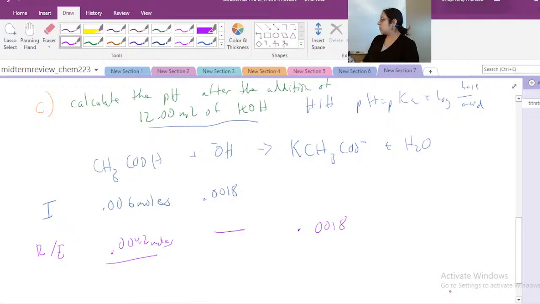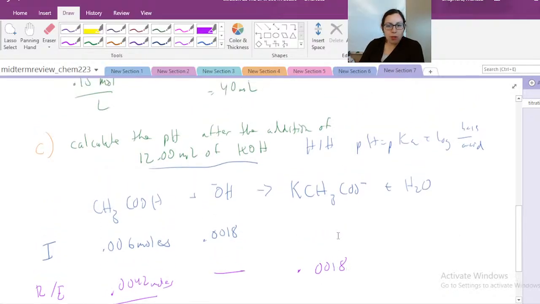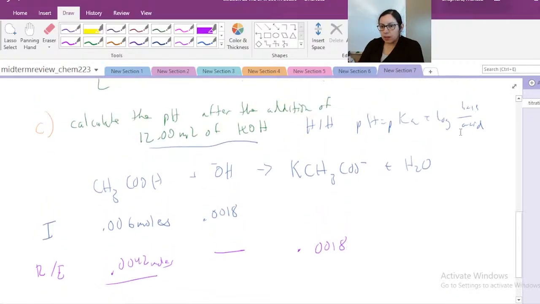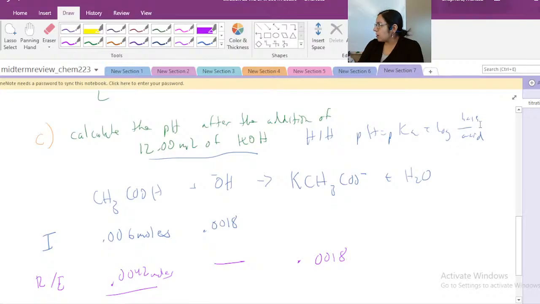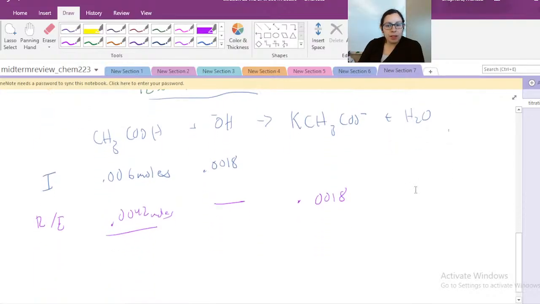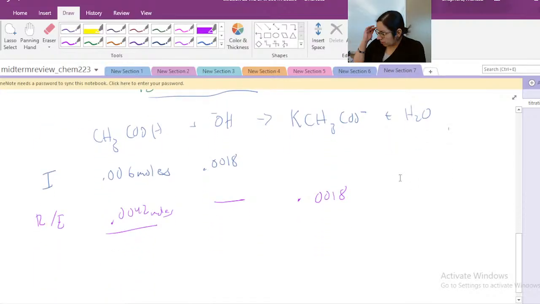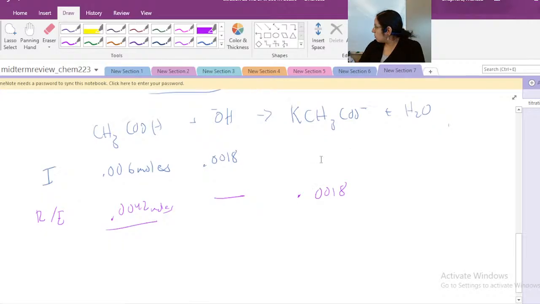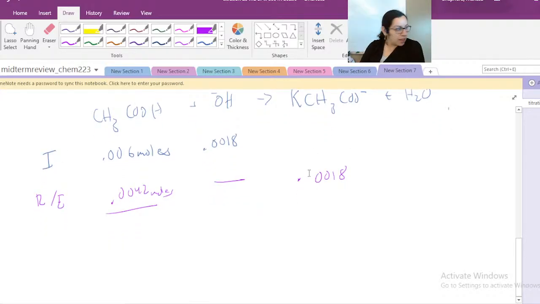Technically we should think about our total volume, but it's going to cancel out when we divide. I just like to keep it in mind for other purposes, such as the last situation where the total volume will be relevant.